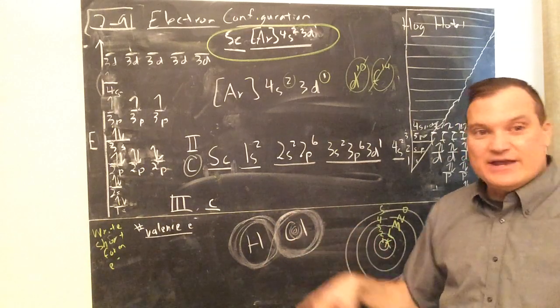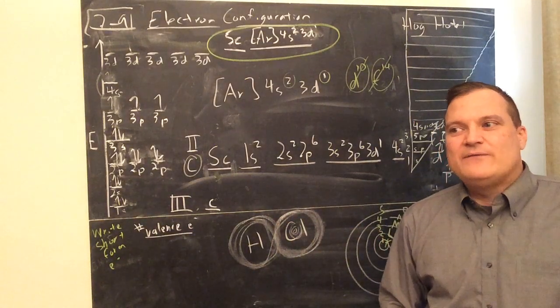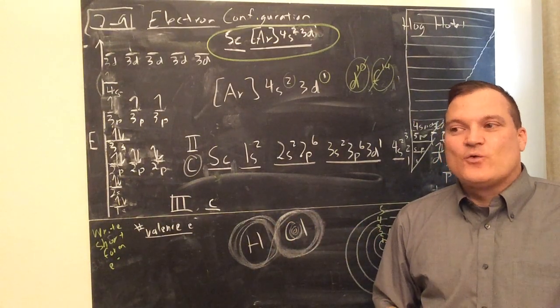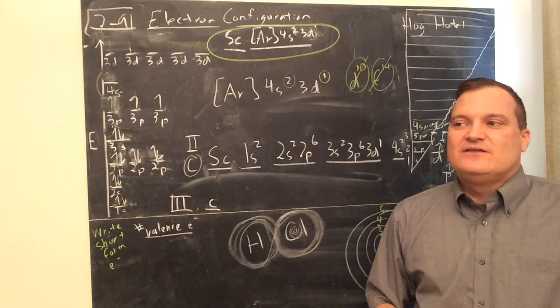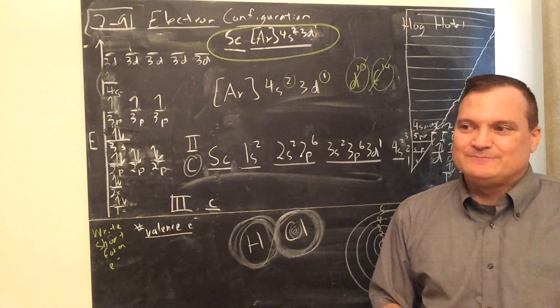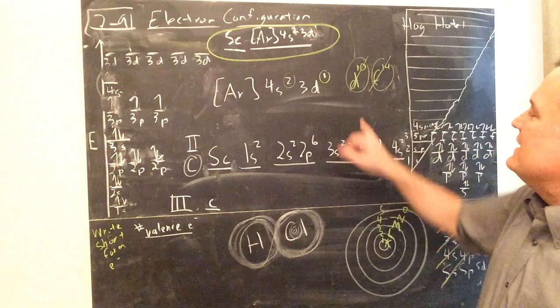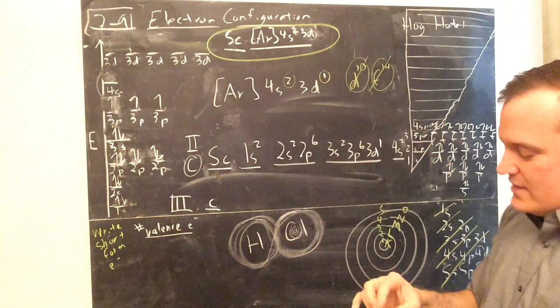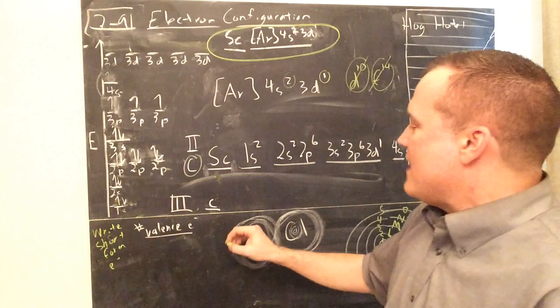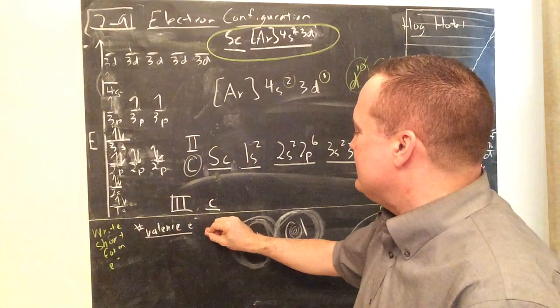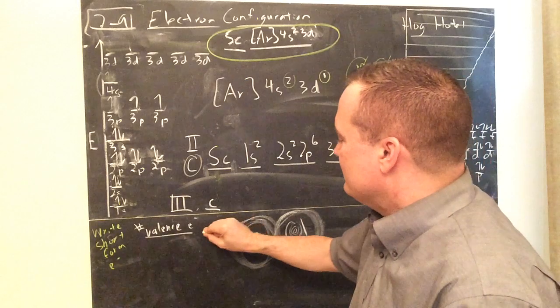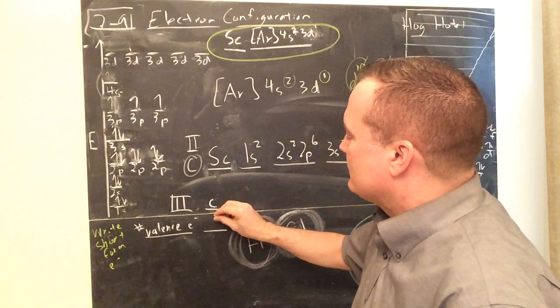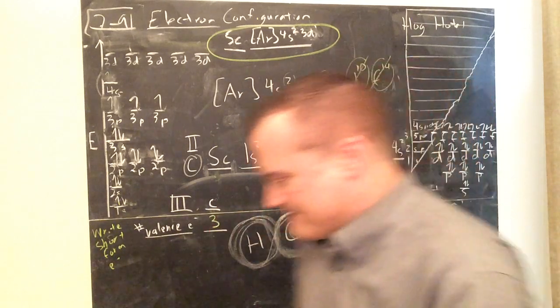They do not form bonds. They are not valence electrons. So for scandium, how many valence electrons are there? There will be 3. You can put the number 3 right there.